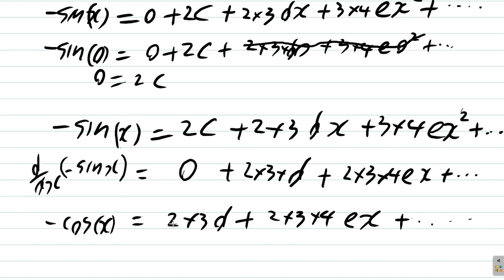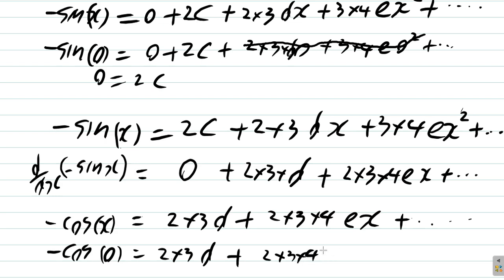Now, what is the cosine of 0? Let x equal 0. Negative cos 0 would be equal to 2 times 3d plus 2 times 3 times 4 e times 0. This would be 0. All of these things to the right would go because there would be all zeros.